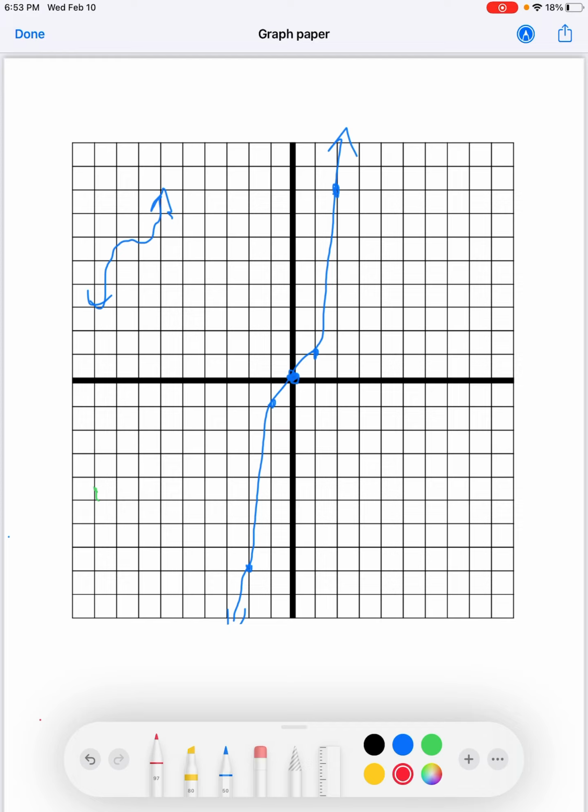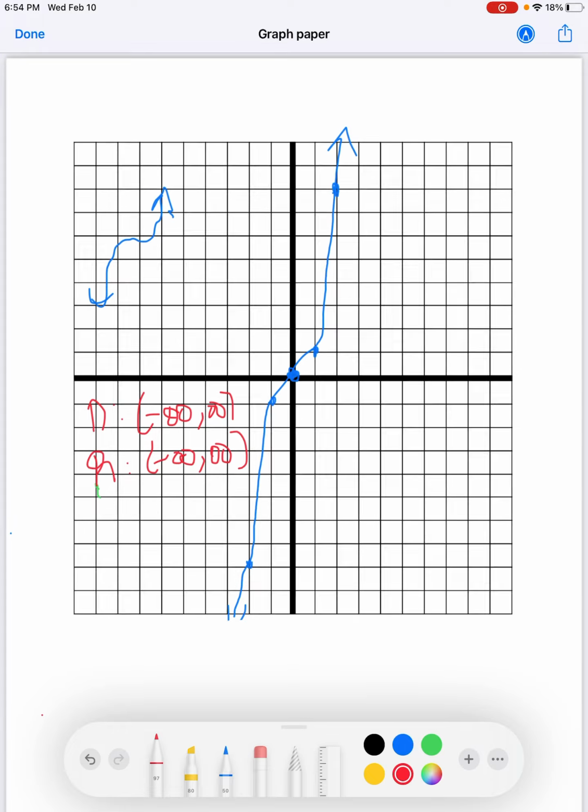So let's look at a few values. What's the domain? It goes all the way to the left and right. So negative infinity to positive infinity. The range is negative infinity to positive infinity as well. The graph is odd this time. So remember, we said odd meant if you turn this upside down, then it will be symmetrical.